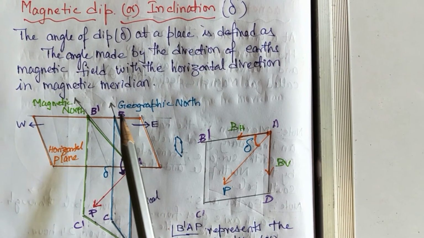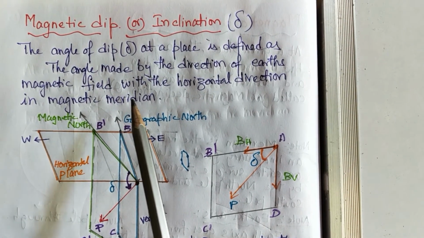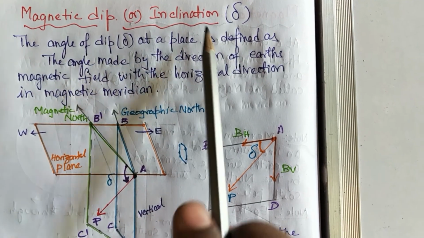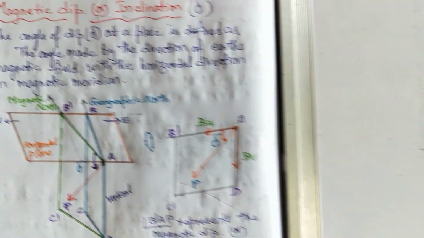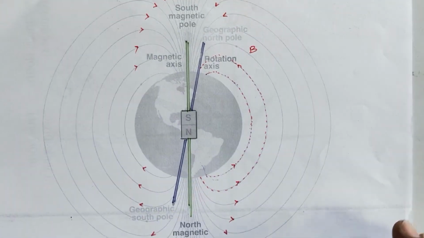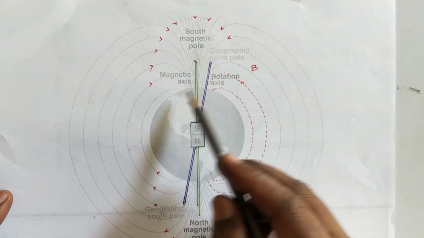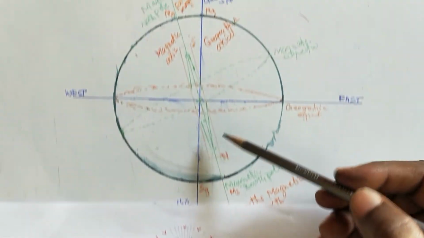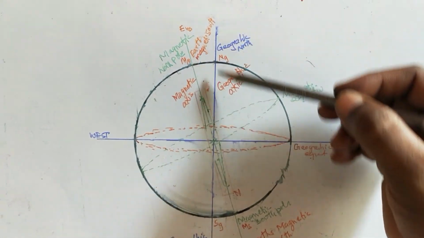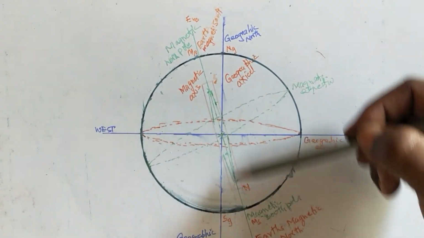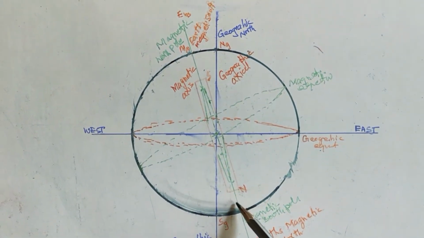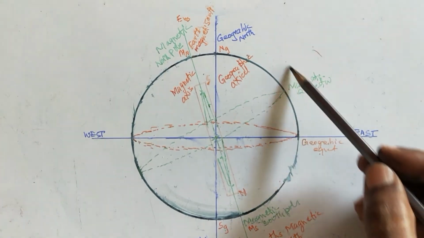Now let us learn about the next parameter of Earth's magnetism, magnetic dip or magnetic inclination. Now I have a picture of Earth's magnetic field here. Earlier we studied that there is a geometric axis for Earth and a magnetic axis for Earth, and the magnetic field lines travel from the north pole of the Earth to the south pole.